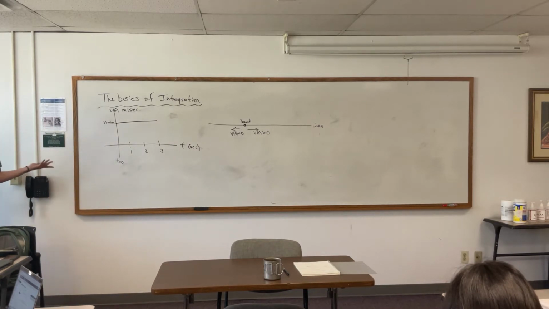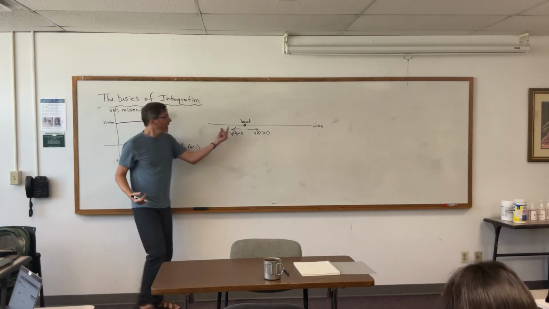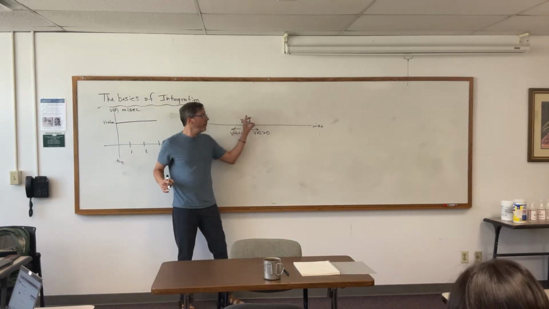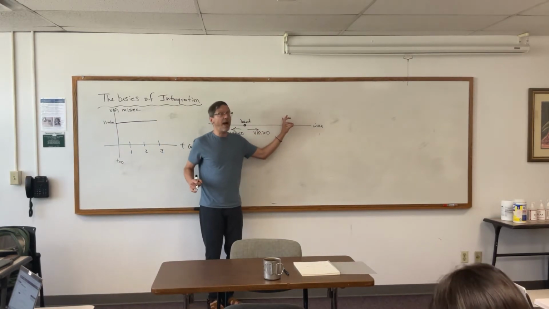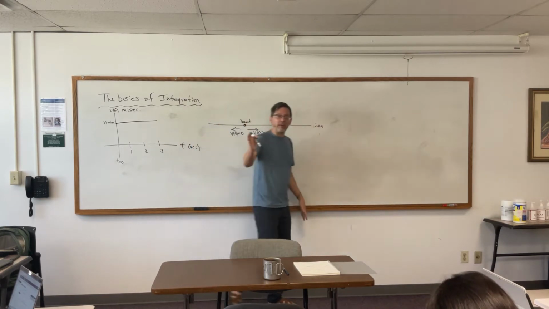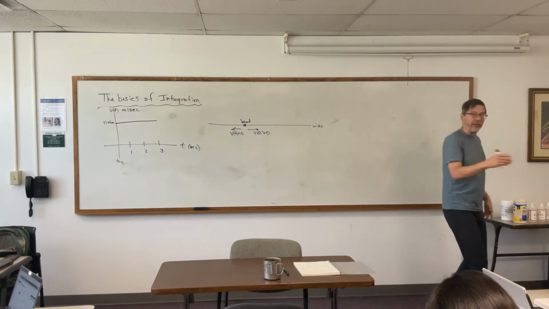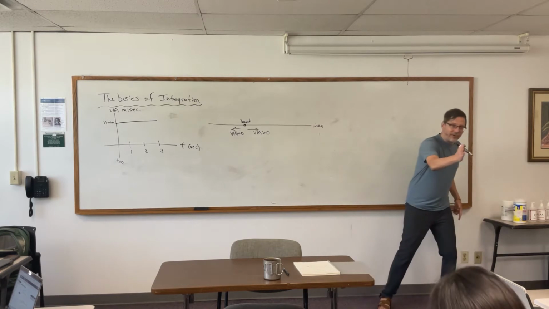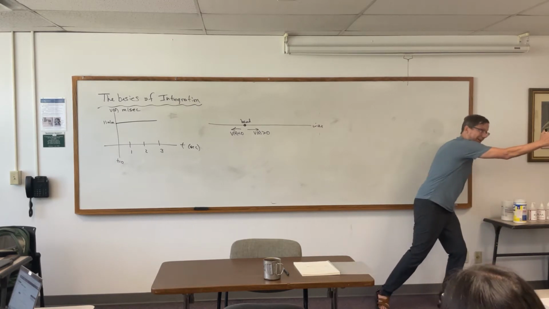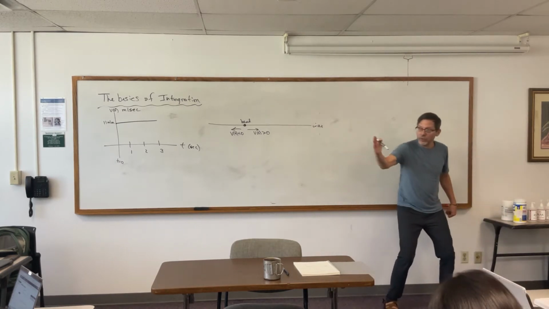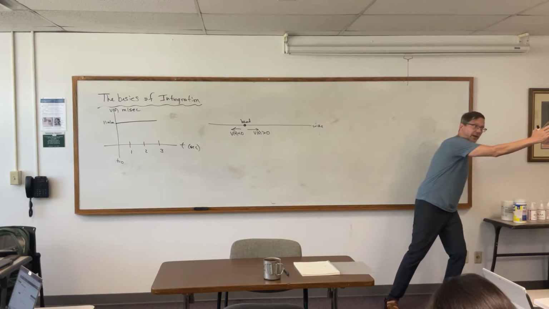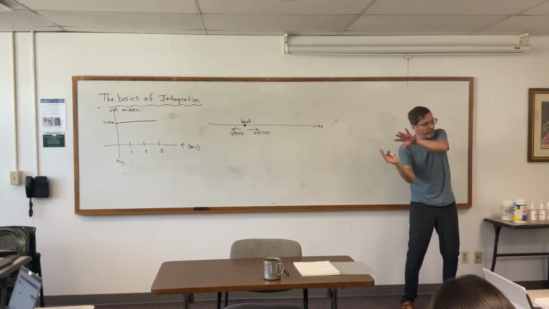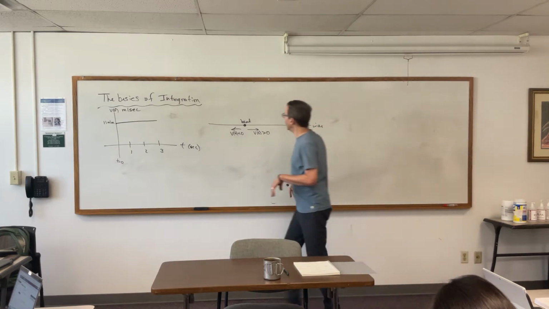So the picture that this goes with is this bead is moving to the right at a constant rate. So we're just cruising, and we're not changing. There's no friction, there's no extra propulsion, we're just rolling.